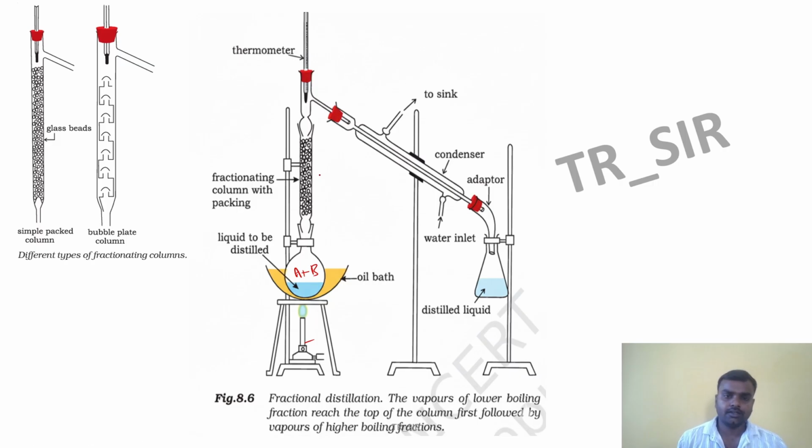Now let us see this one. This is called a fractionating column. These are called glass beads. Each of these glass beads has a good surface area. So what is the use of surface area in this case? Now we'll see.